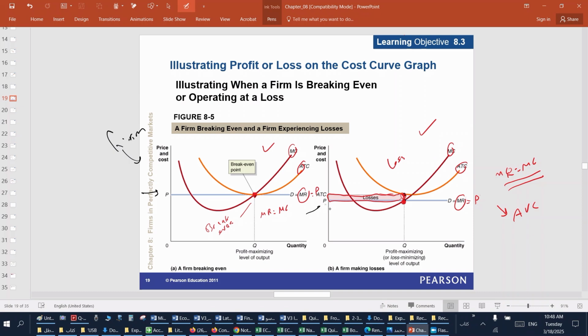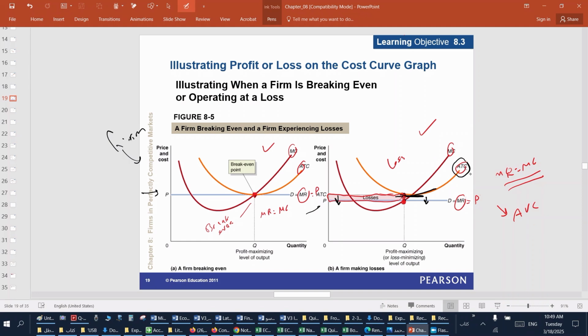But for this one, as you see, the market price went down, and because of this, the firm started to make losses because the price went lower than the average total cost. So this is the average total cost.